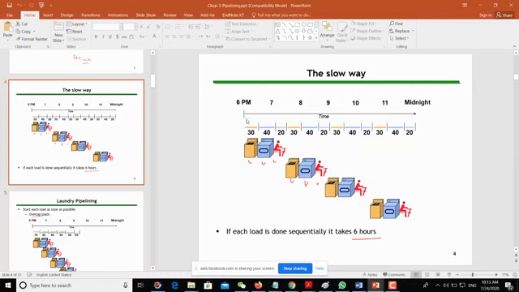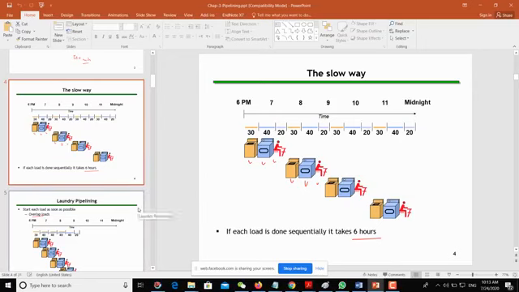The laundry started at 6 p.m. and it finished at almost midnight, 12 o'clock. So how much time did it take? It took almost 6 hours. So this suggests that arranging your work in a pipeline way takes less time.